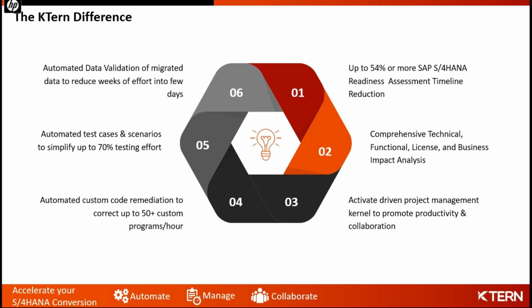So primarily, if I start from the upper right, once the readiness assessment is done, it reduces the cycle time of your project, and the actual readiness done with KTern is a lot more efficient; it reduces the timeline by about 54%. Also, it gives a more comprehensive technical, functional, and business impact analysis.